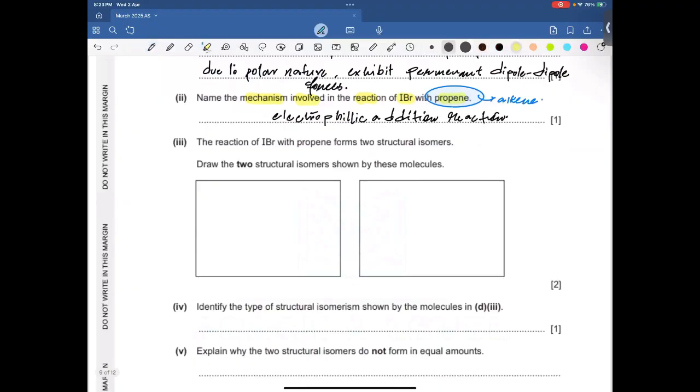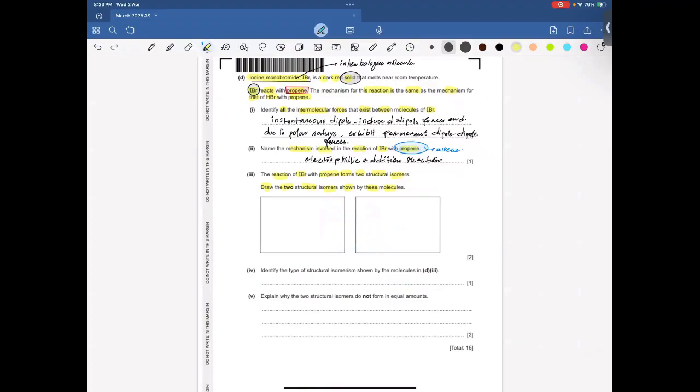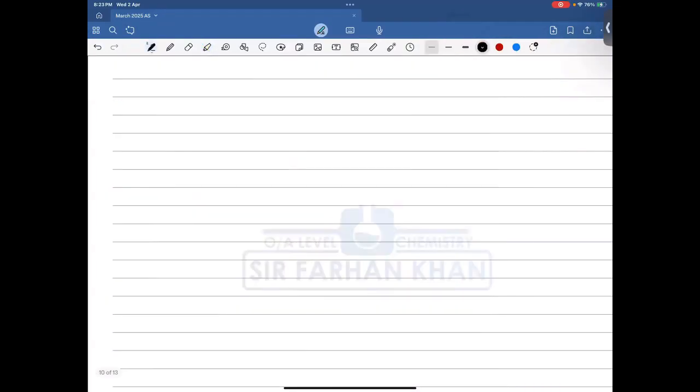Okay, the next part is the reaction of IBr with propene forms two structural isomers. Draw the two structural isomers shown by these molecules. Let me give you a slight hint for this reaction. This is propene. And this is your iodine monobromide. Since iodine has a lower electronegativity, it has a slight positive charge. Bromine is a more electronegative element, so it has a slight negative charge.